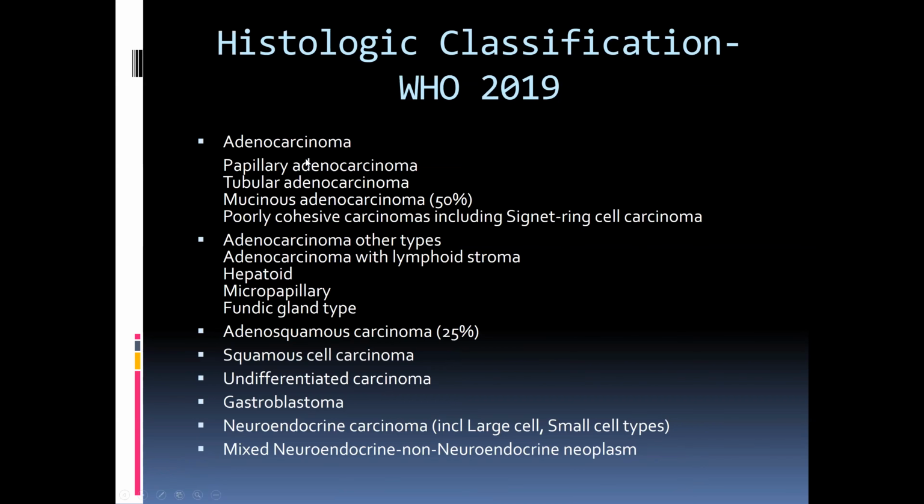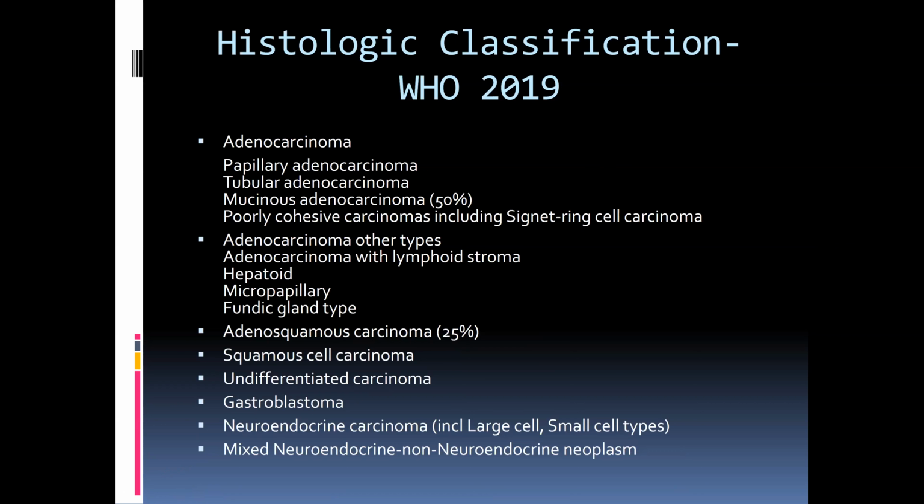So the bulk of tumors will fall into this first category of adenocarcinoma of the various types here that we see: the papillary, tubular, mucinous carcinomas, and then the poorly cohesive carcinomas that include signet ring cell populations, or the diffuse type, Linitis plastica type of carcinomas that are such bad actors.